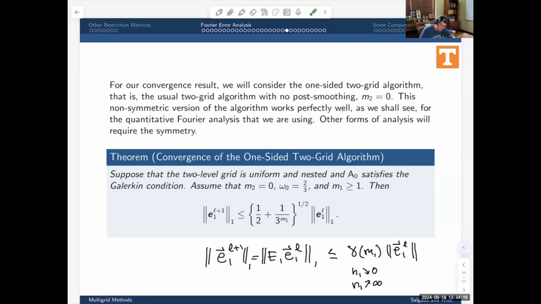And I'm going to show that this number is strictly less than 1, provided that I choose my M1 to be 1, 2, or 3, or actually any positive integer. So that's what I'm going to show, the convergence of the one-sided two-grid algorithm. It's called one-sided, by the way, because we're shutting off the post-smoothing. We're only doing pre-smoothing.